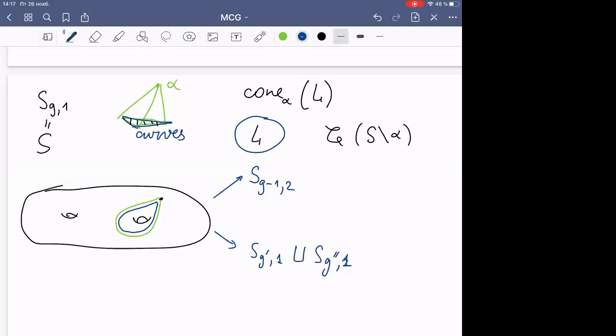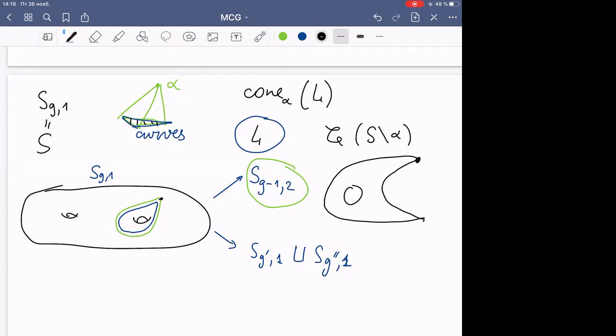It is essential in the original surface S_{g,1}. But if we look at this curve on S_{g-1,2}, it is a curve around one of the two punctures.